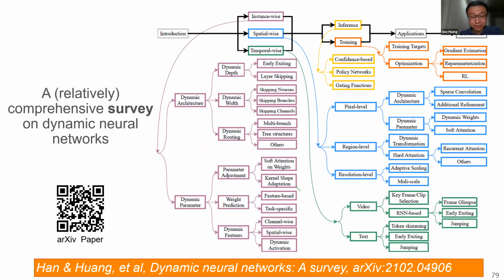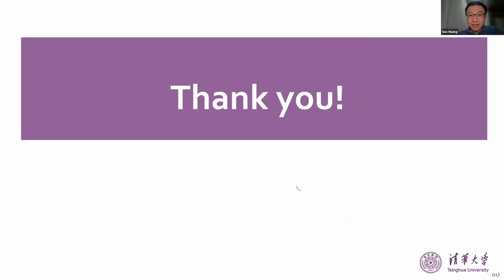And the paper has been put on arXiv. If you're interested, you can take a look at this survey, and we welcome any communication on this topic, and welcome your feedback. Okay, so that's all. Thank you very much.